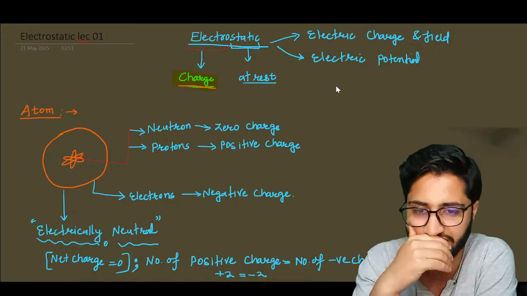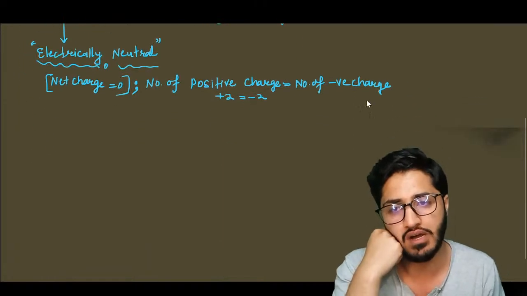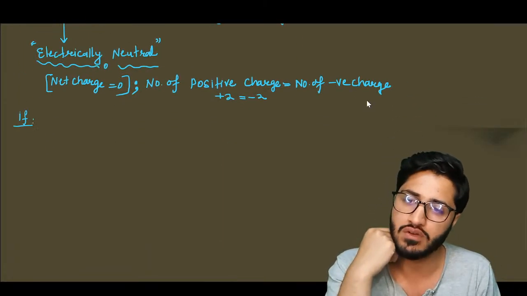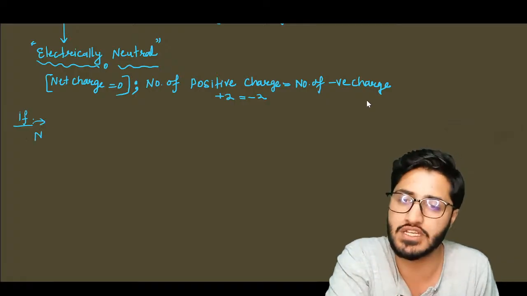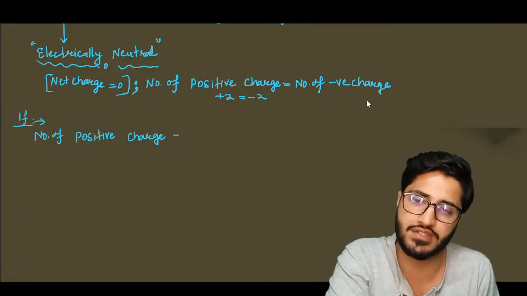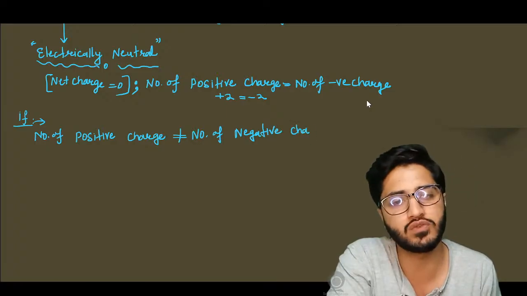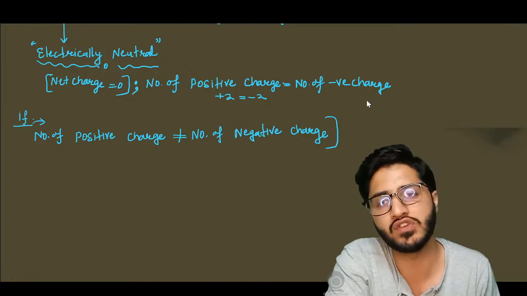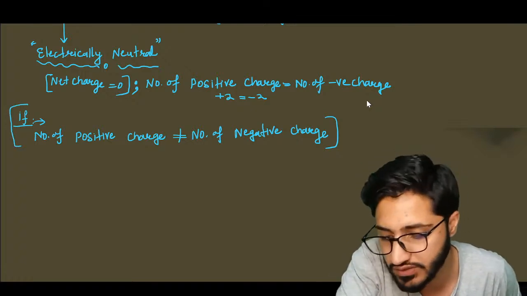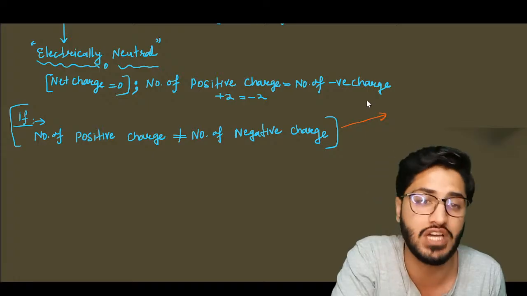Net charge is 0. But if somehow we create a situation in which the number of positive charge is not equal to the number of negative charge, then this condition states that the atom is charged now.